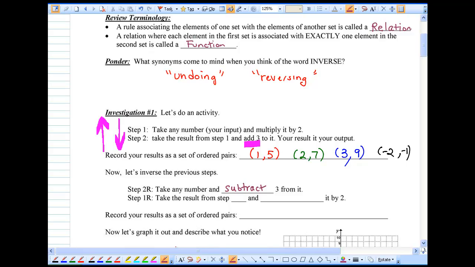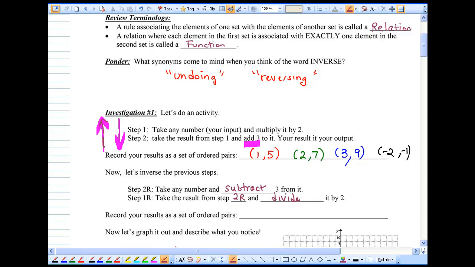Then the reverse of multiplying by 2 should be, I guess, divide. So take the result from step 2R and now divide by 2.